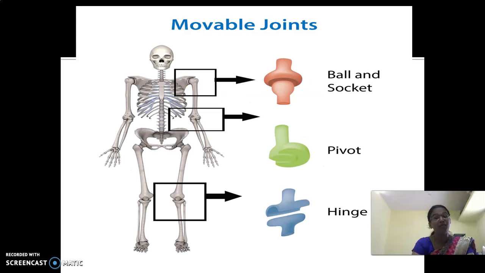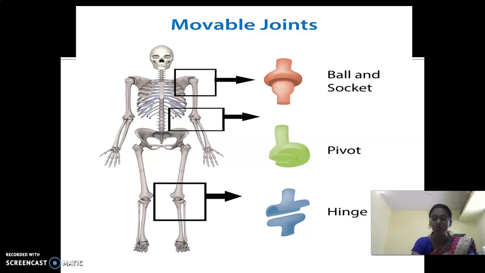And then movable joints. Before that we had seen what is meant by bones, muscles, and joints. We have two types of joints in our body.